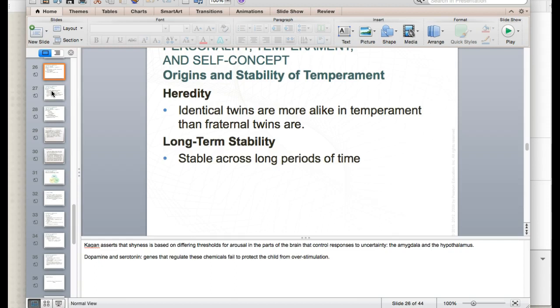In comparison to fraternal twins, you may have complete polar opposites. One may be super outgoing, and the other one may be really reserved. And of course, long-term stability. In terms of origins of stability and temperament, this is seen across long periods of time.